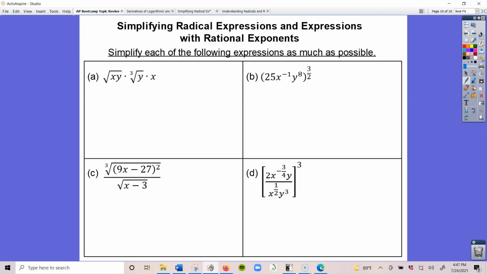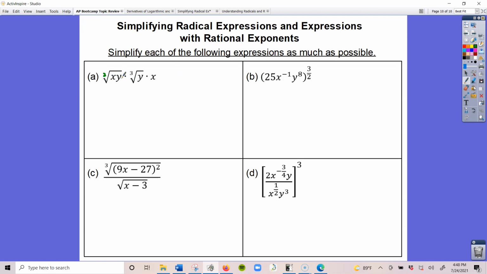So let's look at a few examples of how to simplify, and these are very similar to the ones that you have in your summer assignment. In order to simplify expressions, especially with radicals, it's so much easier if you rewrite them using the rational exponent. So here we have the square root of xy. Remember that for a square root, the index is 2. So even though we don't see it, you should know that the denominator of this exponent is 2.